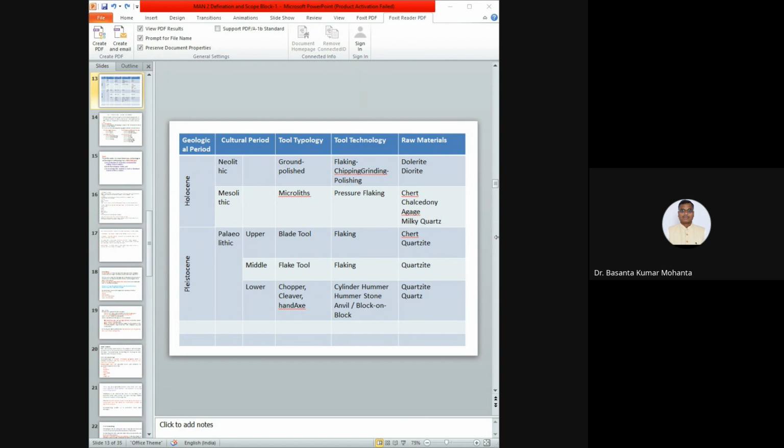We can take the example of the Kung San or the Bushmen of the Kalahari Desert, Africa. We can take the example of Eskimos, and from the Indian context, we may take the example of different PVTGs, particularly vulnerable tribal group people, previously known as the PTGs, meaning primitive tribal groups.